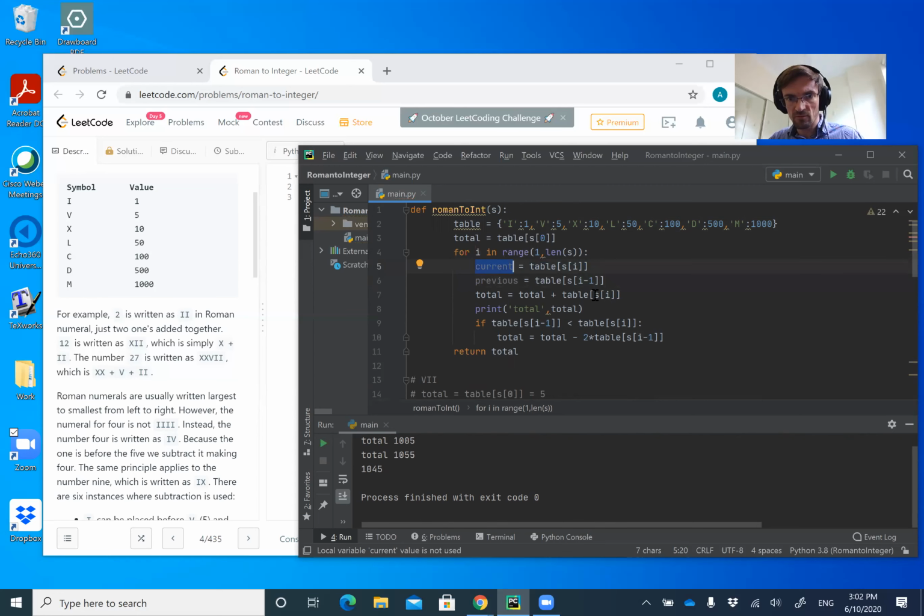So total plus current, and if the current is bigger than the previous, then we make an adjustment.